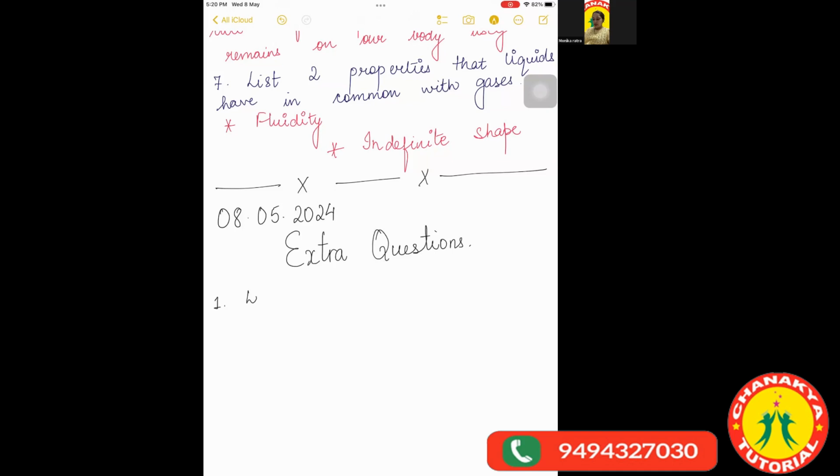Last class, we had discussed two properties which were common to liquids and gases. Today, we have to discuss two properties which are common to liquids and solids.